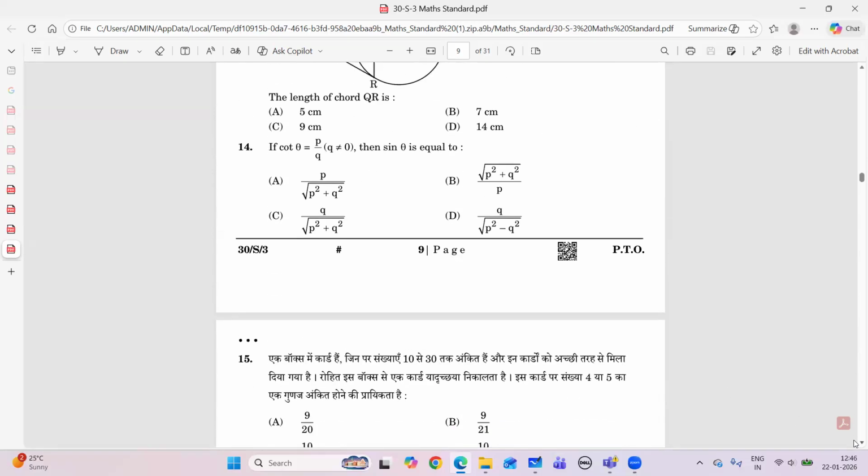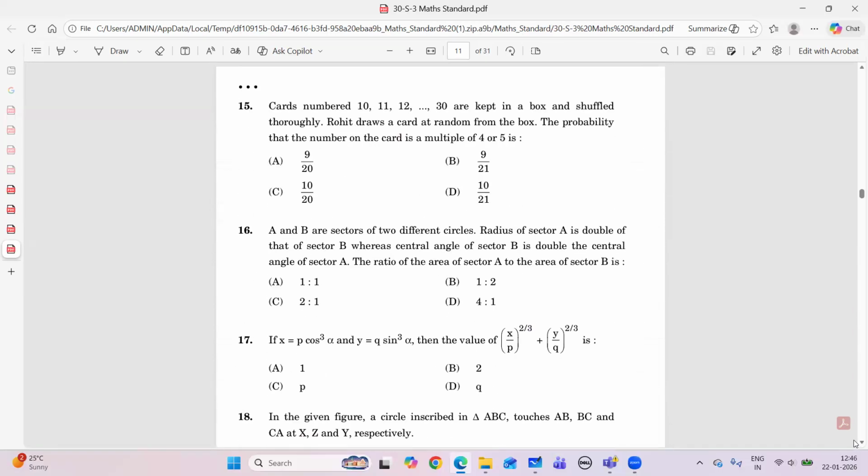Cards numbered 10, 11, 12 up to 30 are kept in a box and shuffled thoroughly. Rohit draws a card at random from the box. The probability that the number on the card is a multiple of 4 or 5 is dash. We have cards numbered from 10 to 30, and we are asked to find the probability that a card which is a multiple of 4 or 5 is drawn.